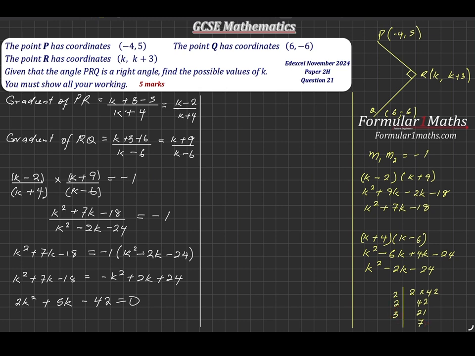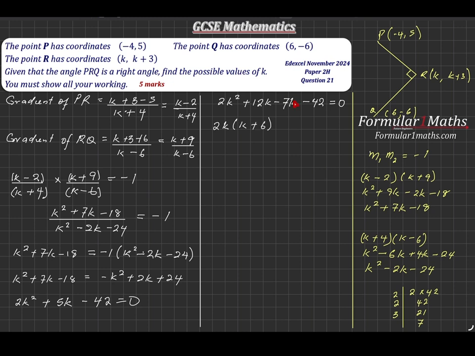So I can put that one in and do my factorization. I have 2k squared, and instead of the 5k, I'm going to replace it with plus 12k minus 7k. And then finally, the minus 42 comes in, and that will be equal to 0. So I've rearranged this equation in that form, just replacing the 5k with that. Now if I look at this term and that term, 2k is common. So if I bring 2k out, I have 2k bracket k plus 6.